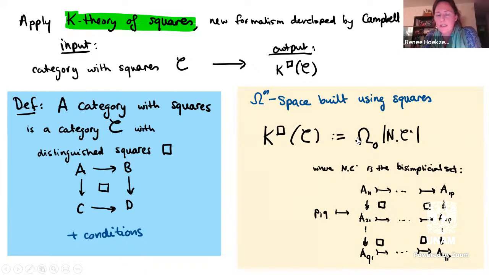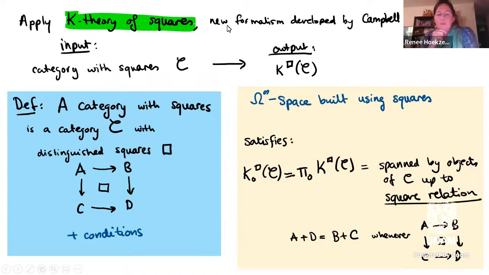So K squares of C is loops on the realization of a bisimplicial set, and this bisimplicial set sends p and q to all the p times q ways of composing these squares. And now what they show is that this infinite loop space satisfies something very nice, namely K_0, the pi naught of this infinite loop space, K squares, is spanned by the objects of C up to a square relation.